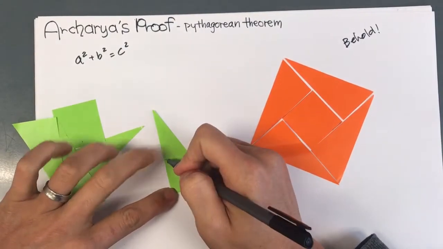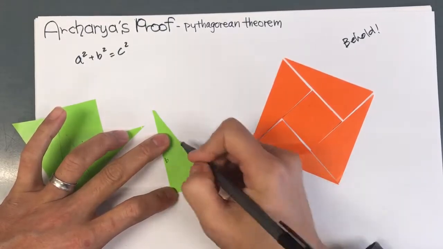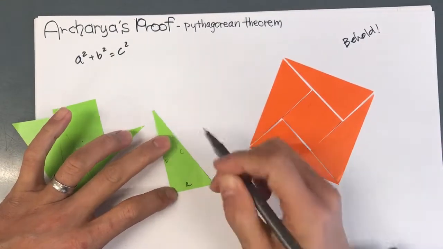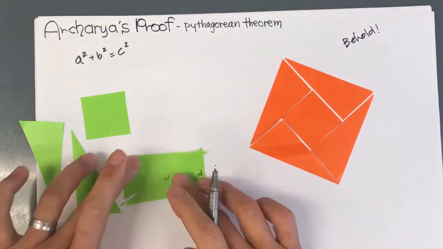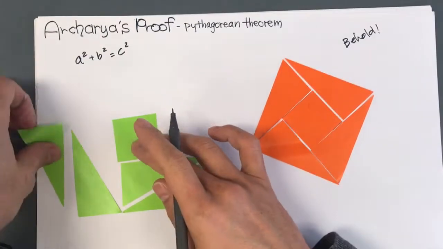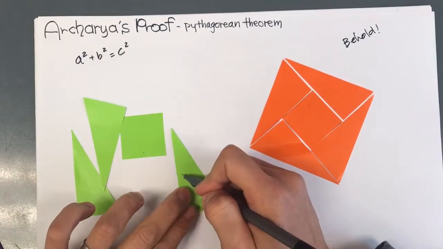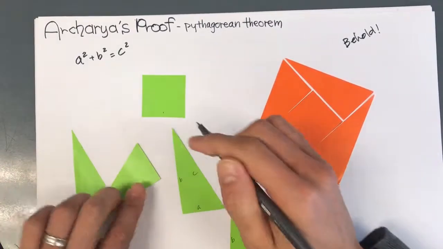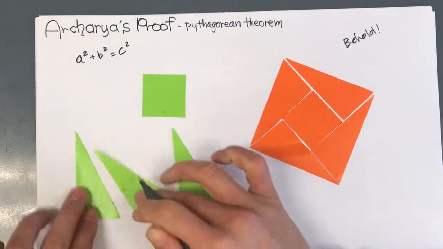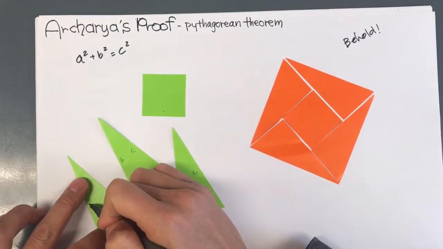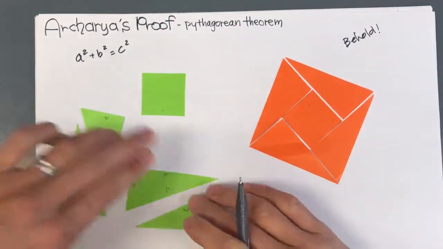The length of this longer leg is, let's say, B. And the hypotenuse, let's say C. These four triangles are congruent, by the way. So let's name that A, B, C, and then A, B, C, and then A, B, and C. Okay, so let's put that back.